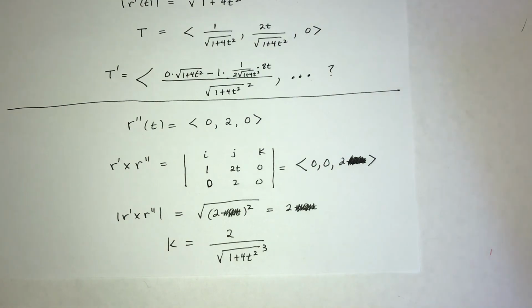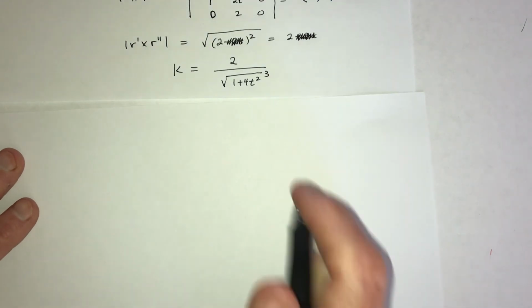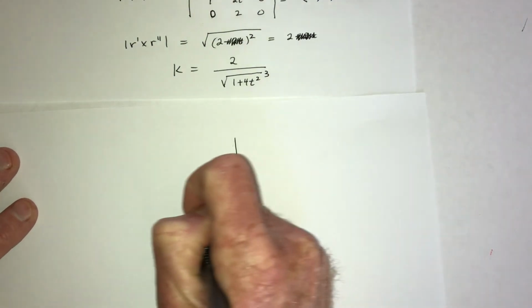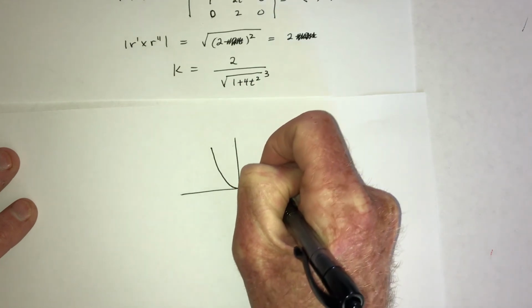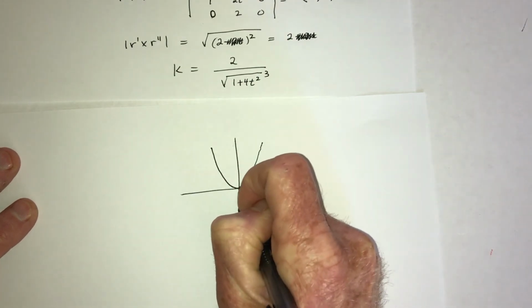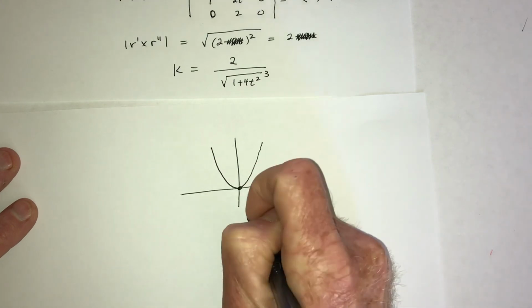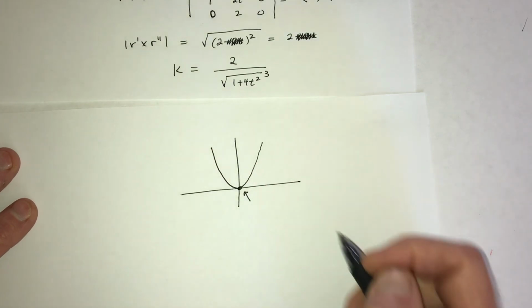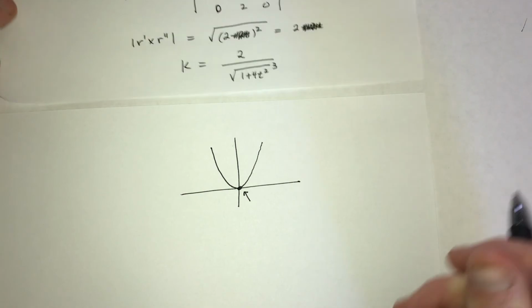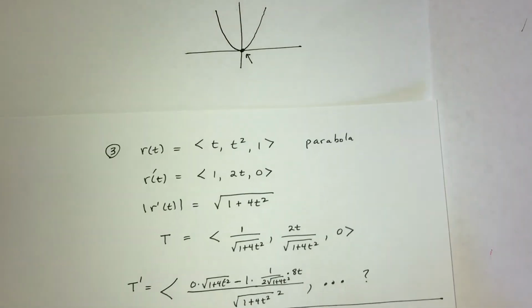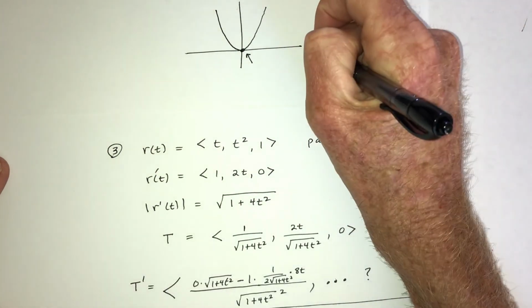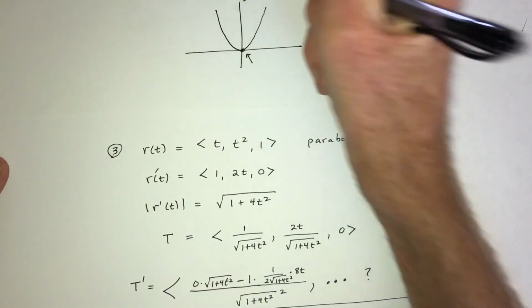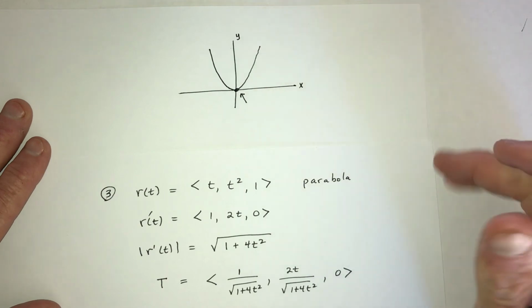So like I said, this thing is a parabola. So right here, if you go back to the beginning, and right now I'm just looking at the x-axis and the y-axis, so I'm basically looking straight down the z-axis.